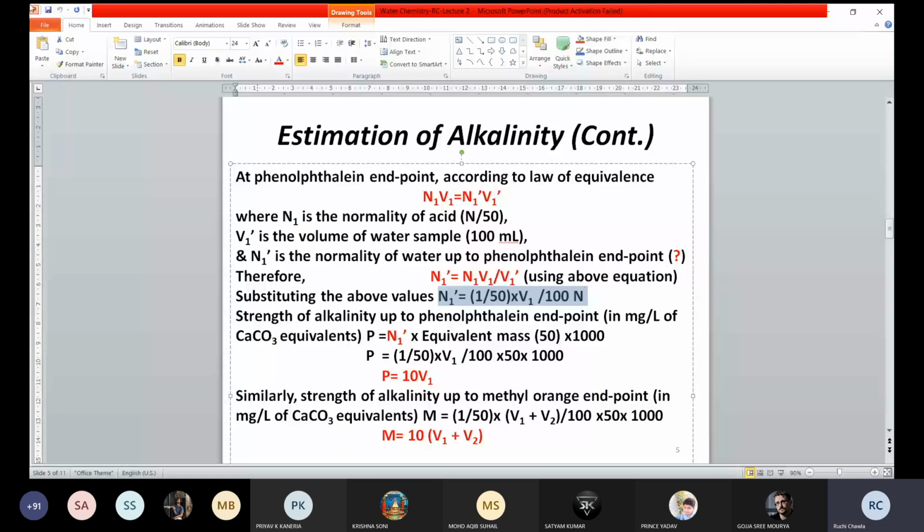Now, if you know the normality, how can you convert it into strength? Or in fact, what is the relationship between normality and strength? Think about the formula of normality and you will be able to make it out.